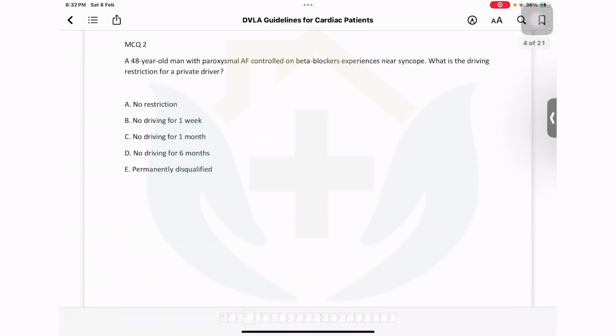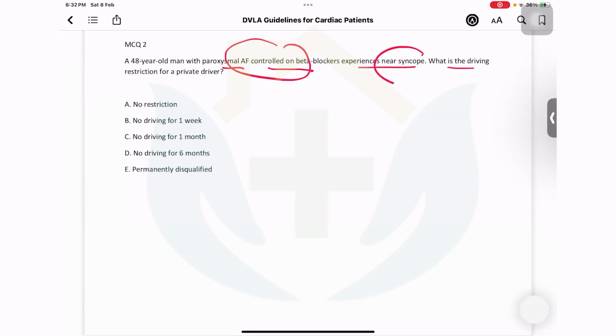A 48-year-old man with paroxysmal atrial fibrillation controlled on beta blocker experiences near syncope. What is the driving restriction for a private driver? So he was drug controlled but has a near syncope, becomes symptomatic.